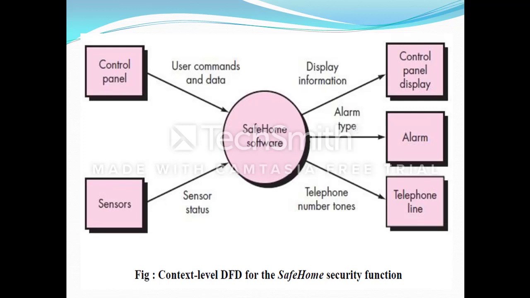In the fundamental system model, all external components of the system are represented. The home security function system has external components: control panel, sensors, control panel display, alarm, telephone line.